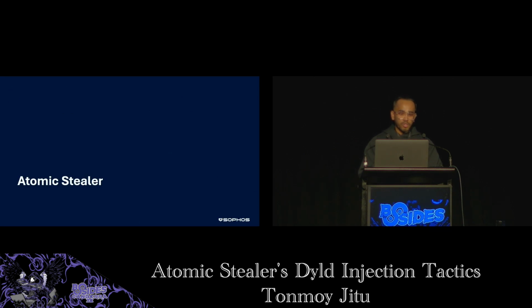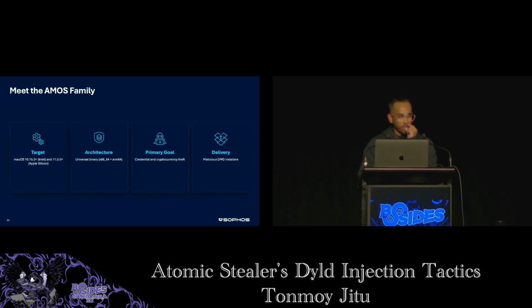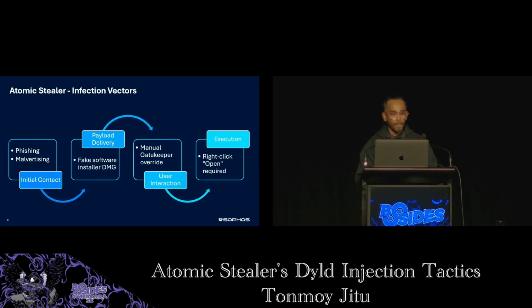So let's move on to Atomic Stealer. Looking into the Atomic Stealer malware, it targets all macOS versions. And in terms of architecture, it supports both Intel and ARM-based architecture. The goal of this malware is pretty much to steal credentials and, if it finds any crypto keys, the wallets. The delivery method is usually via DMG installers.